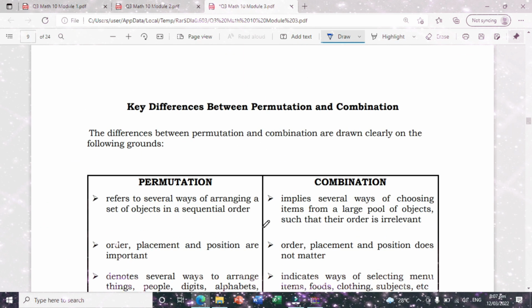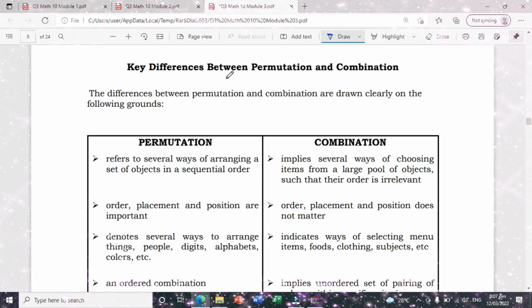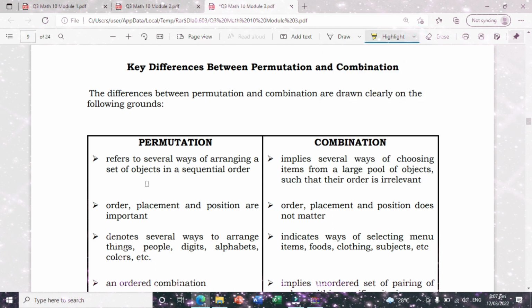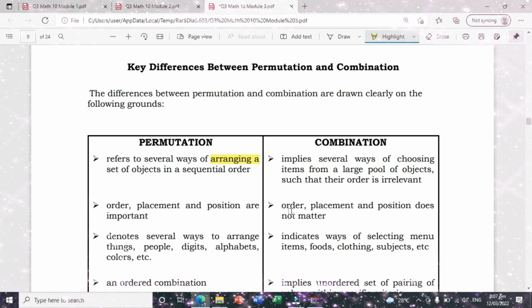Okay. So these are the key differences between permutation and combination. The differences between permutation and combination are drawn clearly on the following grounds. O sige, we're going to highlight yung magiging kaibahan ng permutation at saka combination. Dito sa permutation, you are simply arranging.